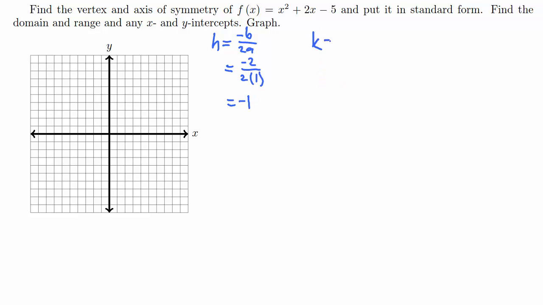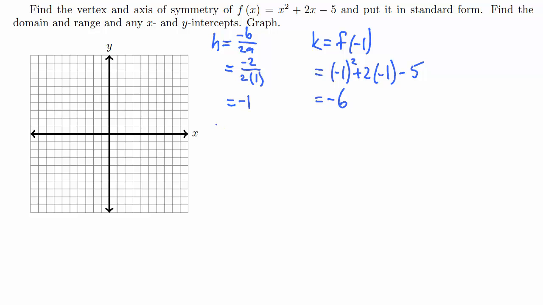The k value is f of negative 1. So this is going to give me negative 1 squared plus 2 times negative 1 minus 5. Simplifying, we get 1 minus 2 is negative 1 minus 5 is negative 6.